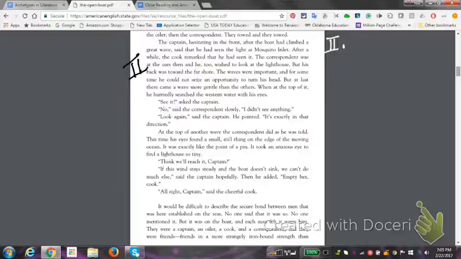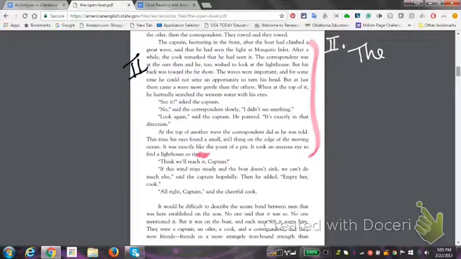Let me change the pen color so you can see it. So this entire paragraph, all the way to right here, is going to be all about them finding the lighthouse and seeing it.